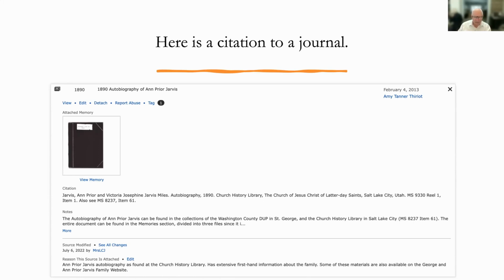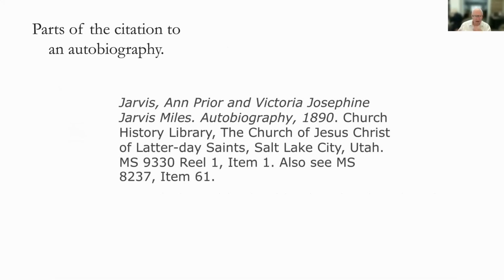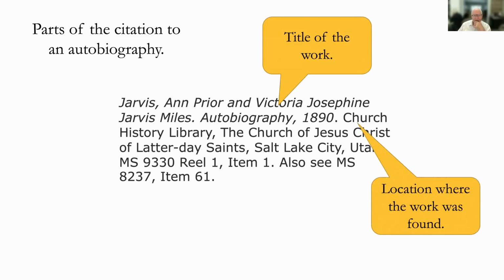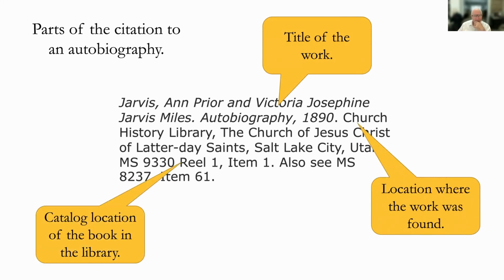And then it tells a little bit about it and goes on about the information about the autobiography. Okay, so these are the kinds of things that we would like to see on our source citations, recording how and where we're going to get the sources. So here's the title of the work, the location, and the catalog location of the book in the library.